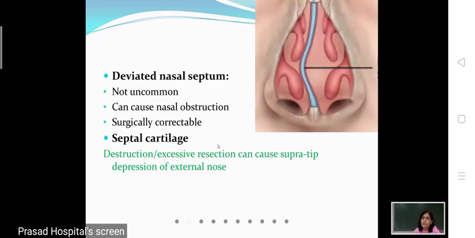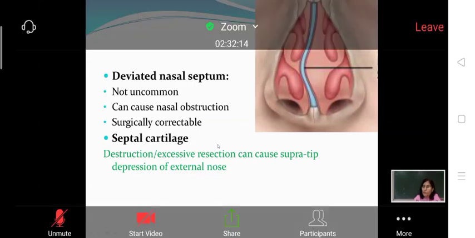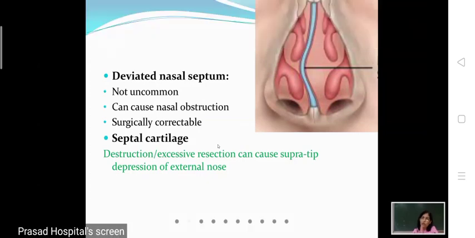The cartilaginous part of the external nose will not be supported, and it will lead to a deformity called supra-tip depression of the external nose. The dorsum of the external nose will be a little depressed, due to the destruction or excessive resection of the septal cartilage. So the septal cartilage forms the nasal septum, and it also supports the cartilaginous part of the external nose.